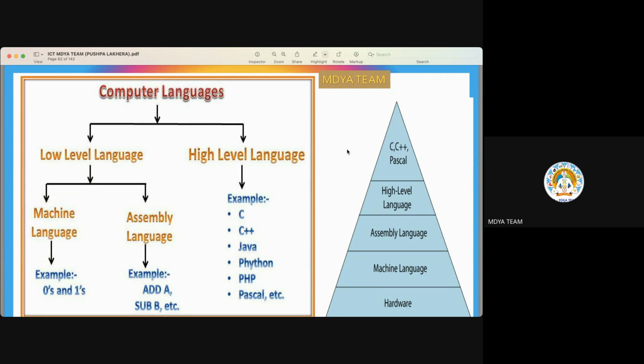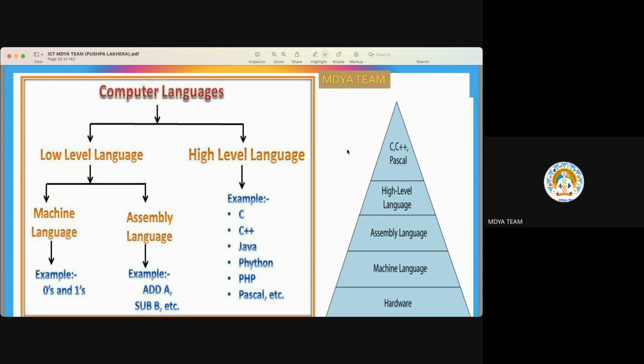Machine language is only in the form of combinations of zeros and ones, which can only be understood by the computer, by the CPU. And assembly language is in the form of some English letters, and it is given by the user to perform certain jobs.